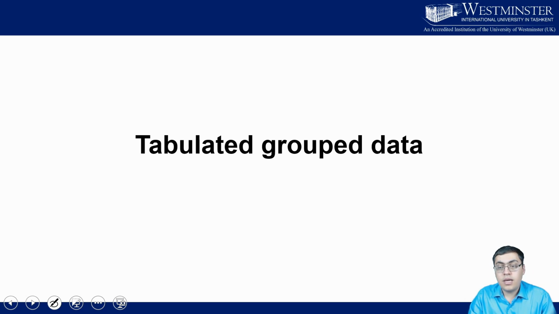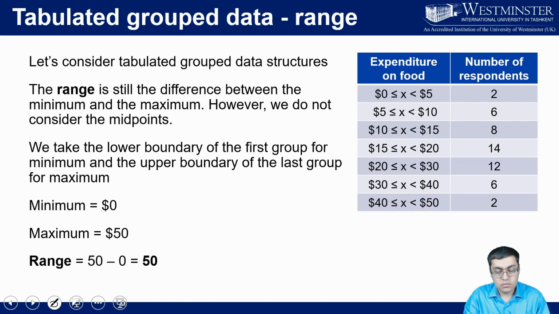Now let's talk about tabulated grouped data structures. Again, the concept of range is not that difficult. However, with grouped data structures, we don't actually have data points, we have ranges.